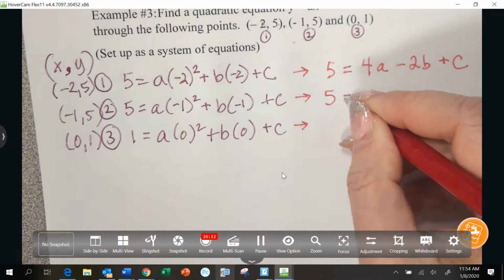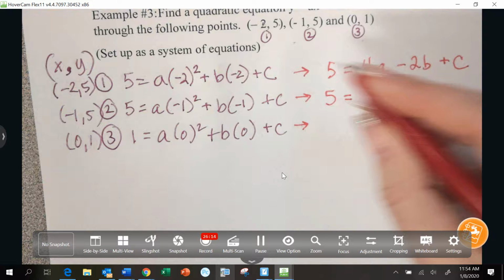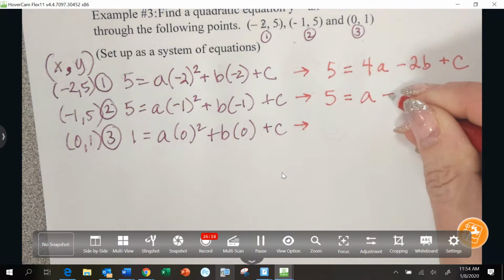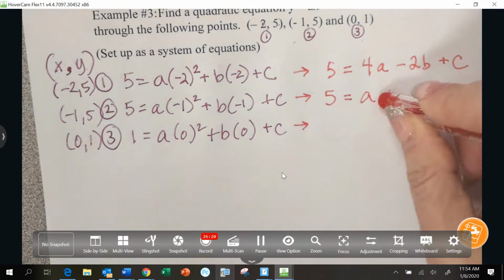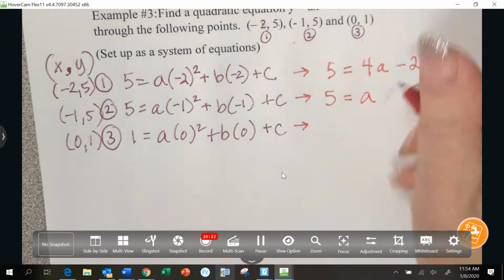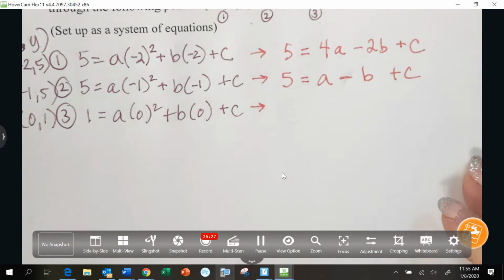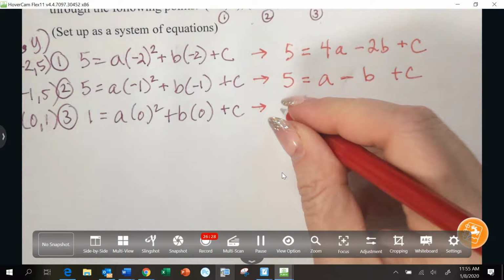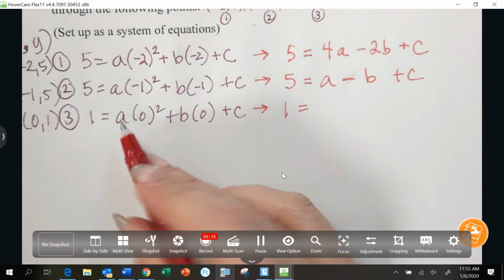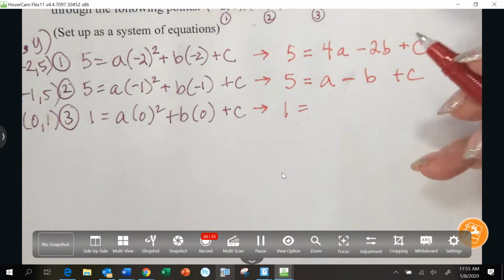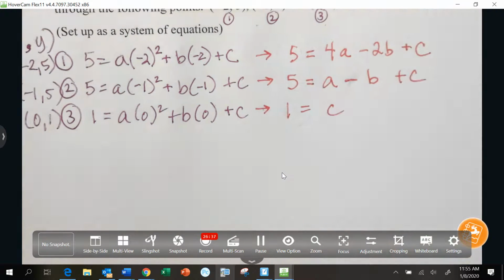We've got 5 equals -1 squared is 1, so a plus minus b plus c. And then the third one, 1 equals, if I take 0 squared times a, it's still 0, plus b times 0 is 0, so I just have c.